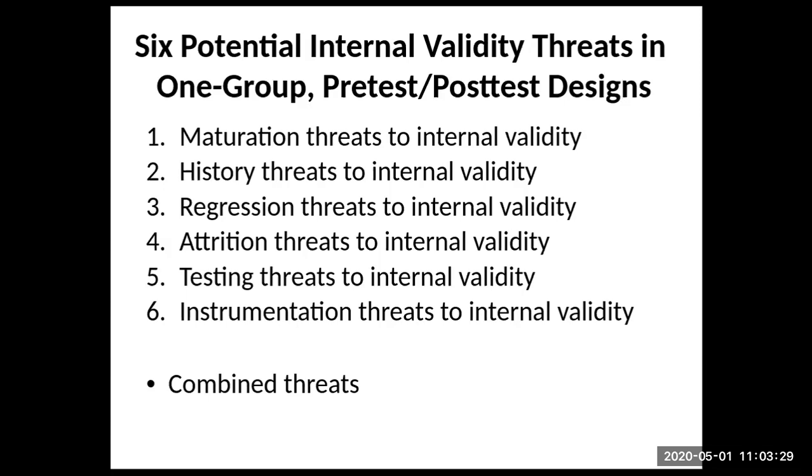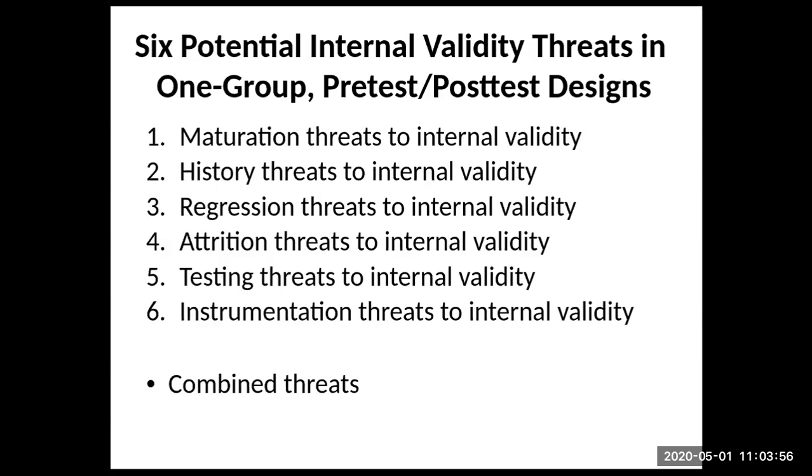Finally, we have instrumentation threats, which are threats due to the instruments that you're measuring with being unreliable. Think back to the inter-rater reliability material, where we talked about having to remeasure somebody's head circumference and things like that. You can always go back to that in the slides to refresh your memory if you want to.